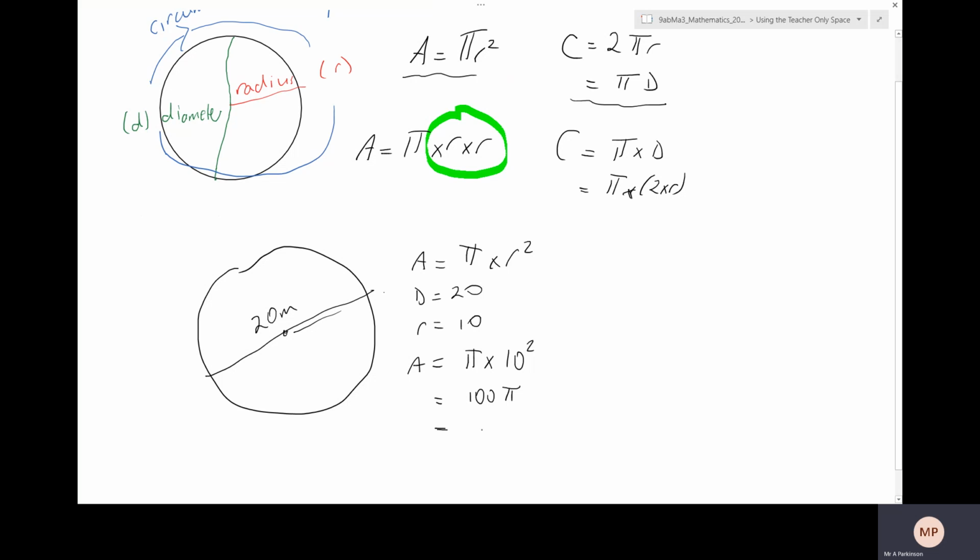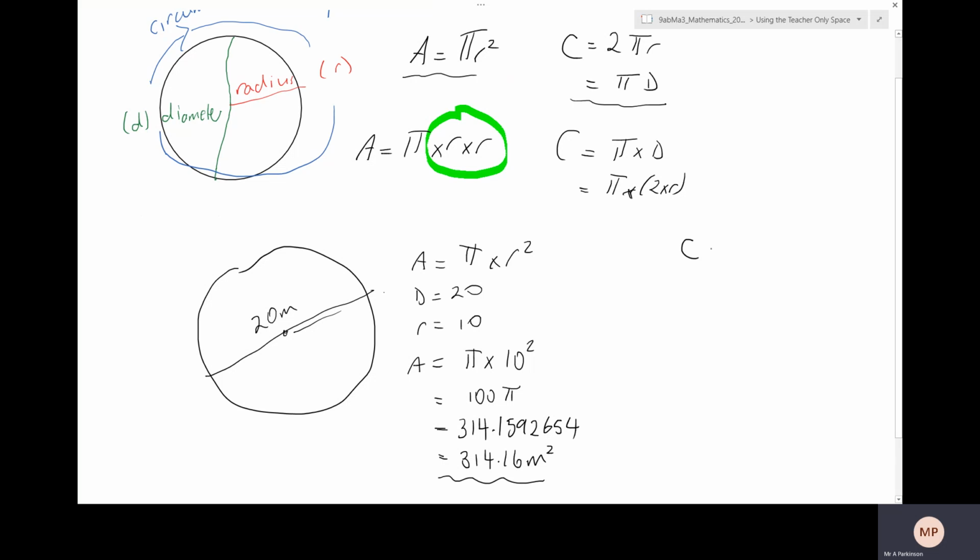So 100 times pi on the calculator comes out as 314.1592654. So let's do that to 2 decimal places, 314.16 meters squared. So that is area.